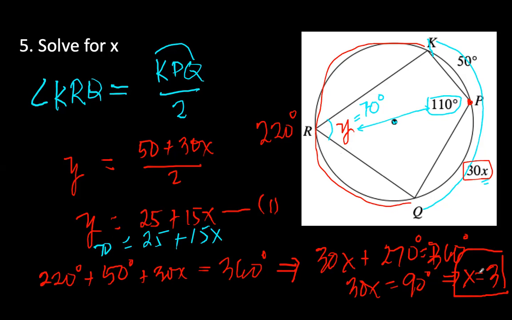Okay, let's check if we will get 3 for x. So let's solve that here. So that's 15x equals 70 minus 25, that's 45, right? Okay, and divided by 15, that's 3. Okay, so we got the same answer, x is equal to 3.